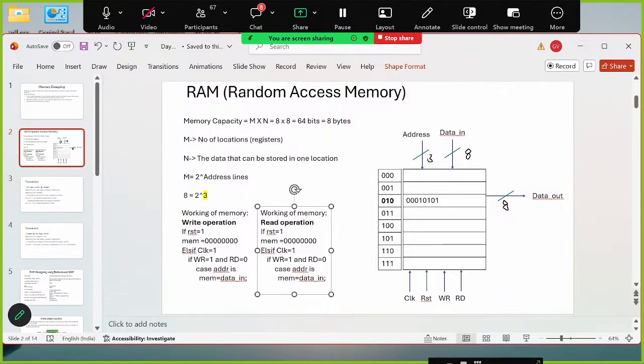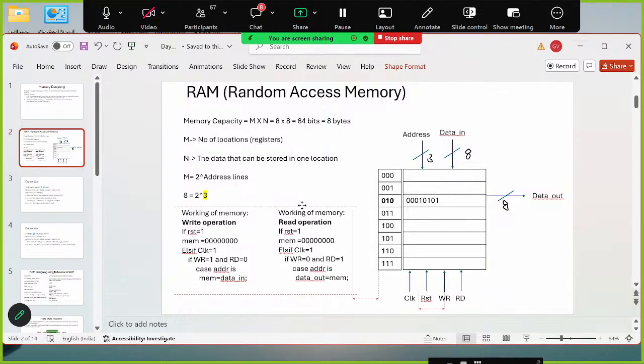In this case, if write bar is 0 and read bar is 1, then depending upon the address, data out will get the value of the memory location. Whichever memory location is specified, the data of the same memory location will come at data out. So these are the two operations that we need to perform with the memory.